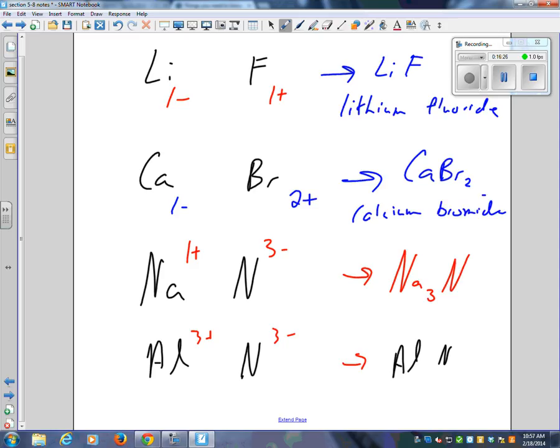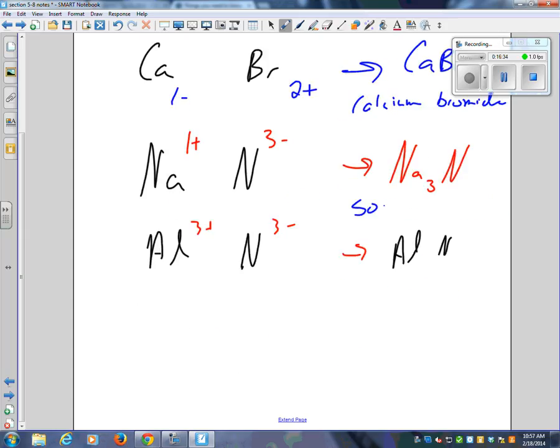Basically, you just write the names, Sadie, with ide at the end. NaN is going to be sodium. Nitrogen becomes nitride. AlN is going to be aluminum nitride.